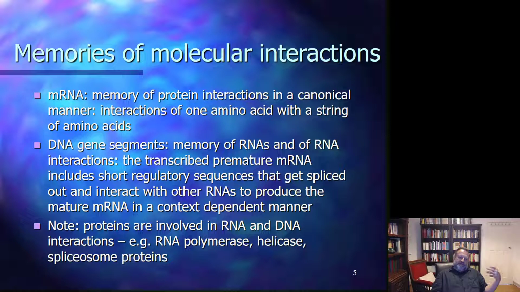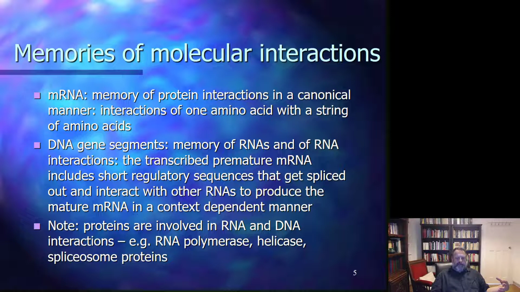And we also said that the DNA gene segments, so the parts of the DNA that encode the genes, can be seen as memories of RNAs and of RNA interactions, in the sense that the transcribed premature RNA includes many short regulatory sequences which get spliced out from the premature RNA and interact with the rest of the RNA to produce the mature mRNA in a context-dependent manner, where the context is set by other RNAs present in the nucleus.